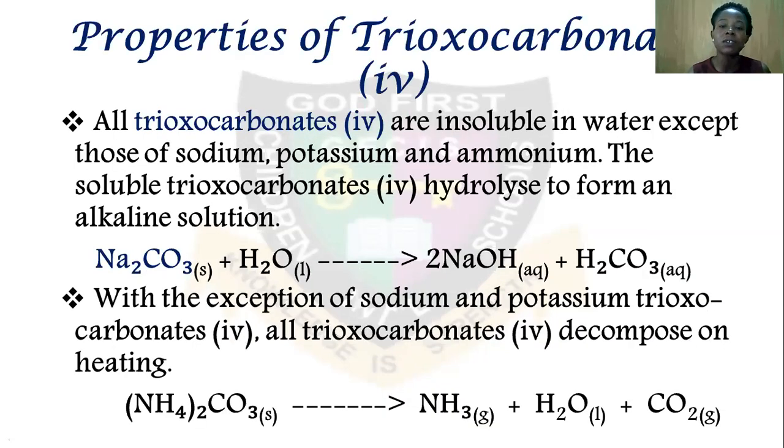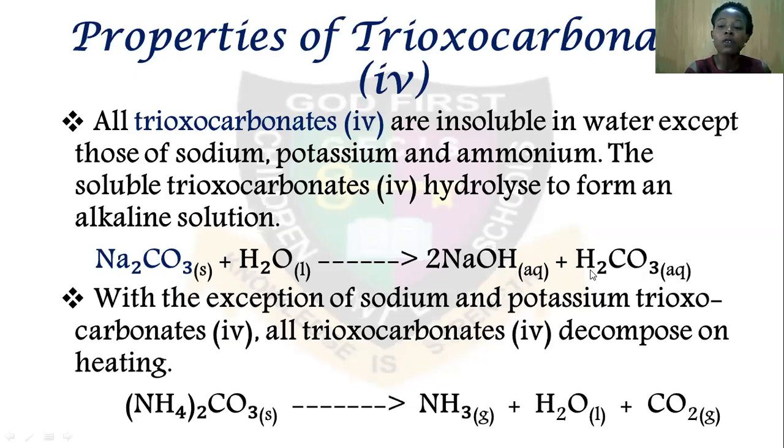Now, properties of carbonates. All of them, as I said a short while ago, are insoluble in water except those of sodium, potassium, and ammonium. And when these soluble carbonates hydrolyze, they form alkaline solution. For example, sodium carbonate will hydrolyze to give you sodium hydroxide and carbonic acid.